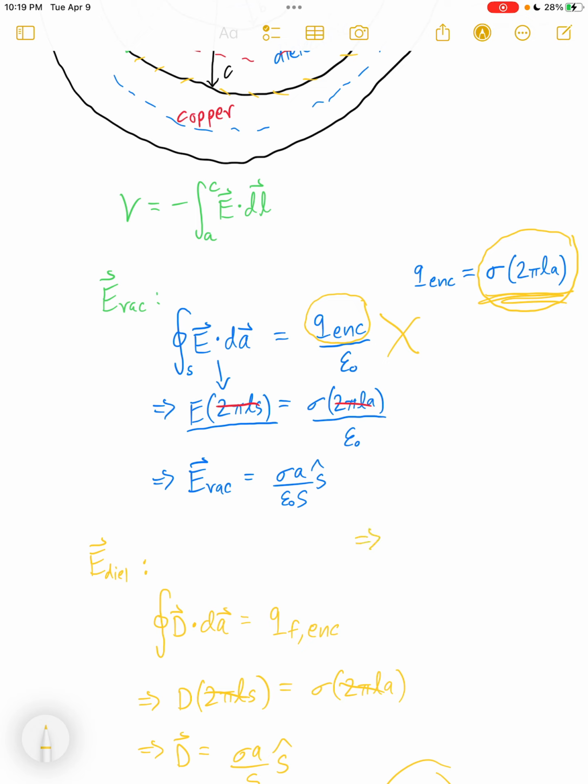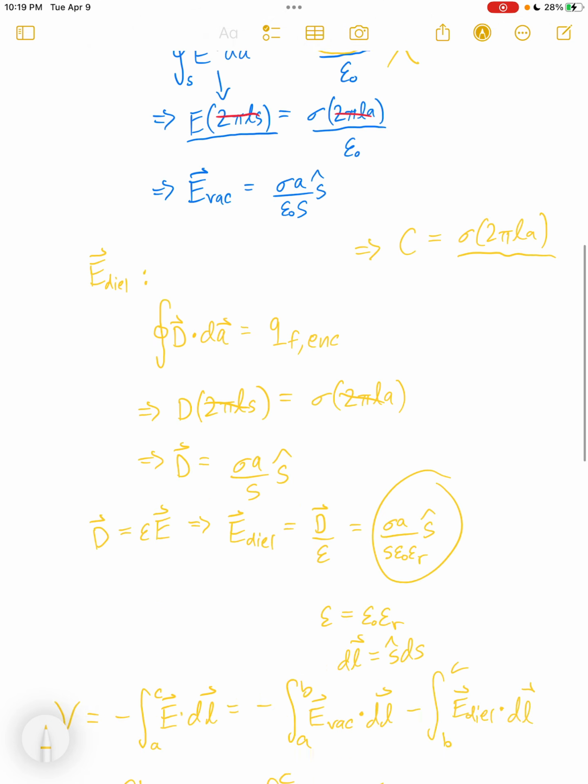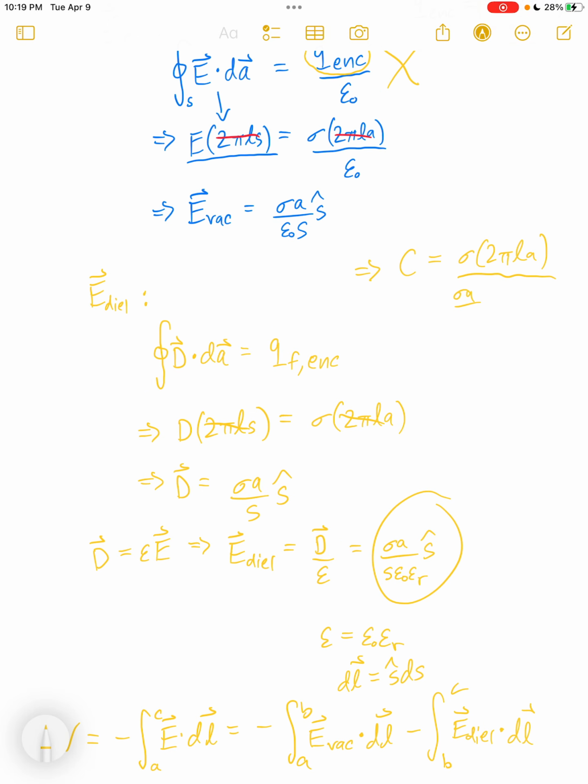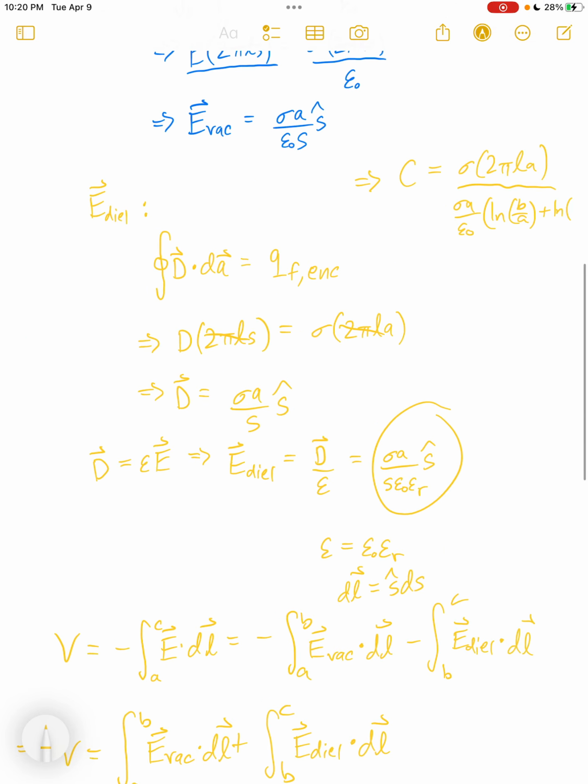So capacitance is going to be equal to sigma 2 pi LA over this big expression I've just found, sigma A over epsilon 0 times ln of B over A plus ln of C over B over epsilon r, and close this parentheses the best I can.